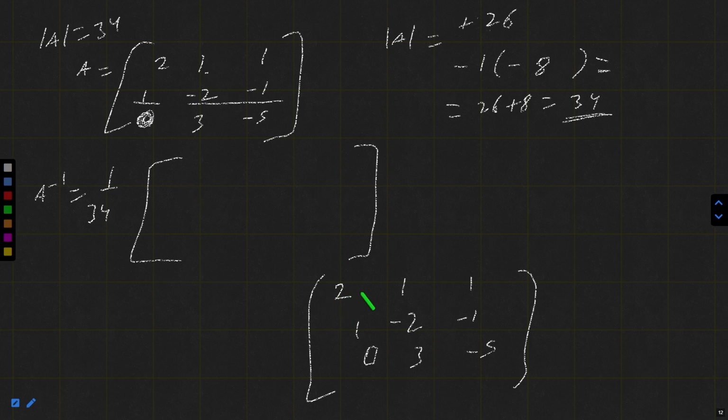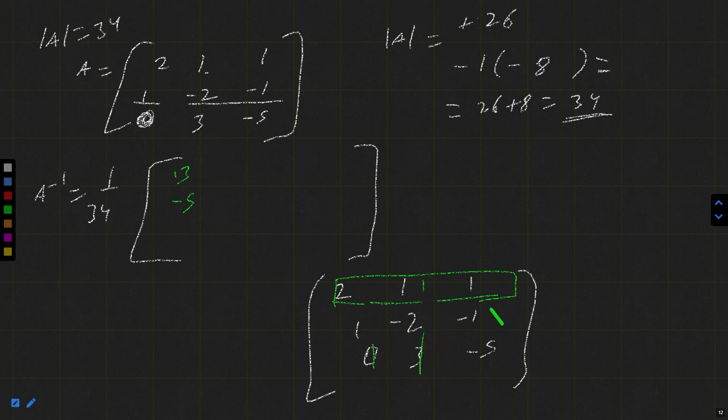For this position 1 1, meaning first row first column, you will have minus 5. So 10 minus 3 means plus 13. Now for this minor, I have to eliminate the first row, and minus 5 multiplied with 1, 0. So it will be just minus 5.